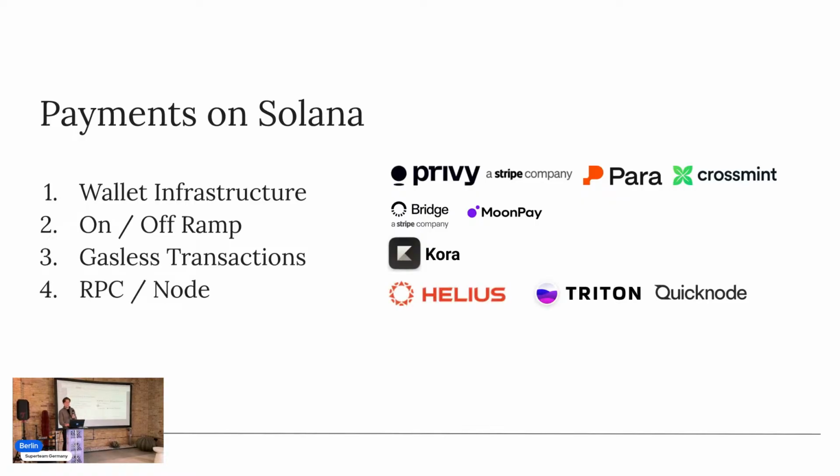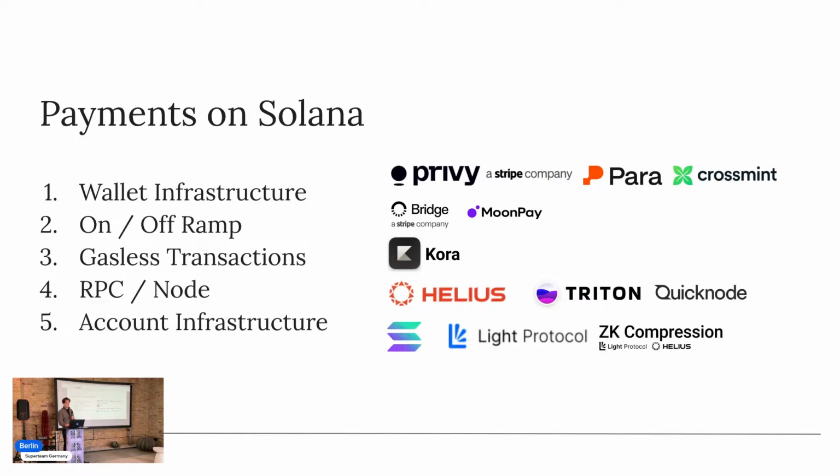And of course, you'll need to somehow fetch the balances for your users, get your transaction history, or propagate your transactions to the network. And here, to get you started, Helius and the others, as far as I know, probably also have free plans. These are all leading RPC providers on Solana. And then the account infrastructure is how everything works below.